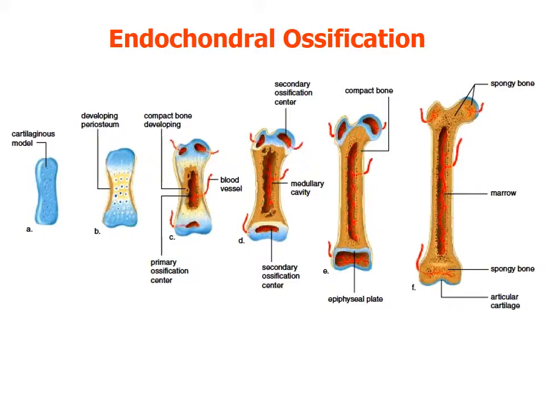This leaves behind a cavity within the forming diaphysis. Nutrient foramen or holes are made through the matrix and blood vessels grow into the interior. Once inside, osteoblasts lay matrix down as spongy bone. The forming diaphysis is referred to as the primary ossification center because it forms first.